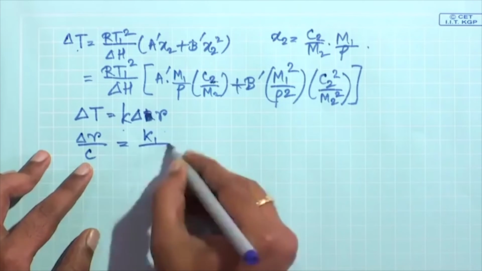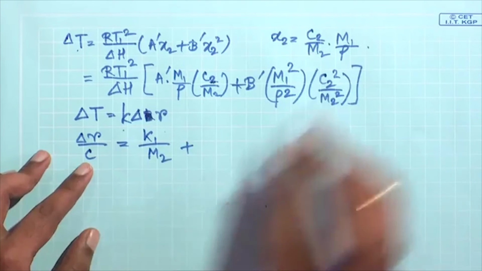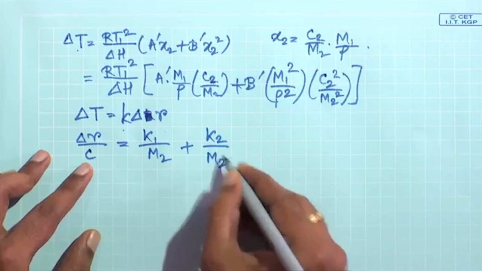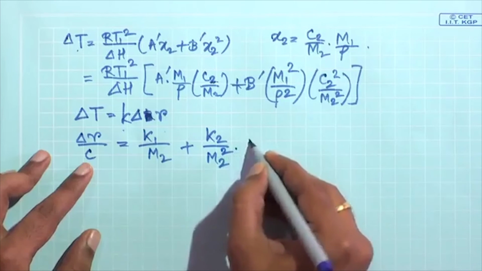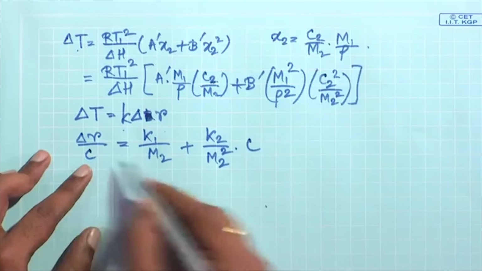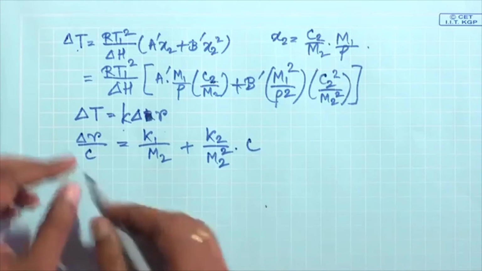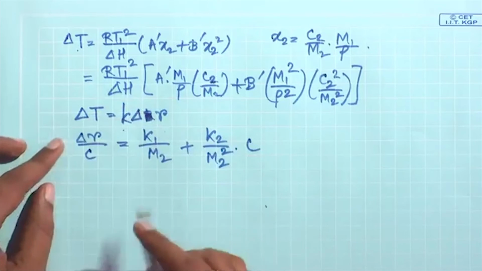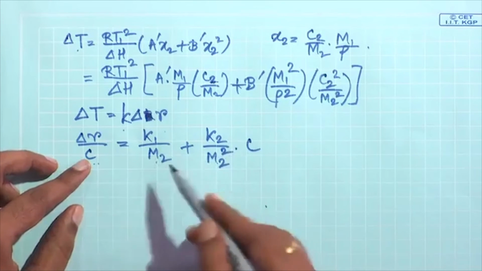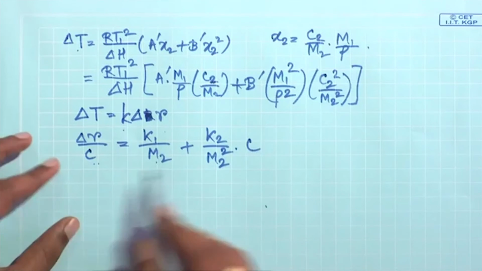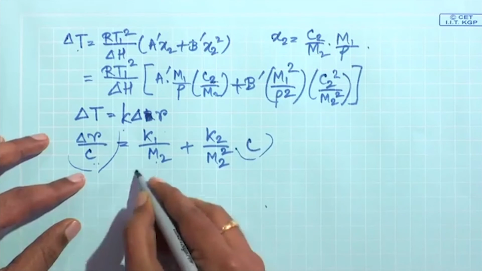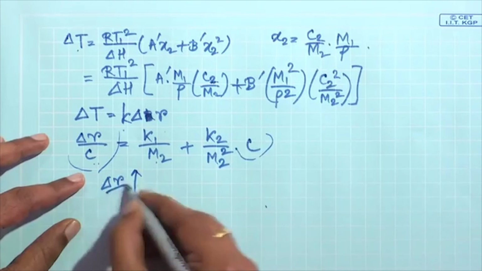So, this will be K1 divided by M2 plus another constant K2 divided by M2 square into C. I am just putting C, I am omitting the C2, you can put C2 here also, just for the sake of simplifying matters. So, this is the concentration of the solute, in this case polymer, and M2 is the molecular weight you want to determine. So, if you are plotting delta r divided by C against C, then you will have a straight line.